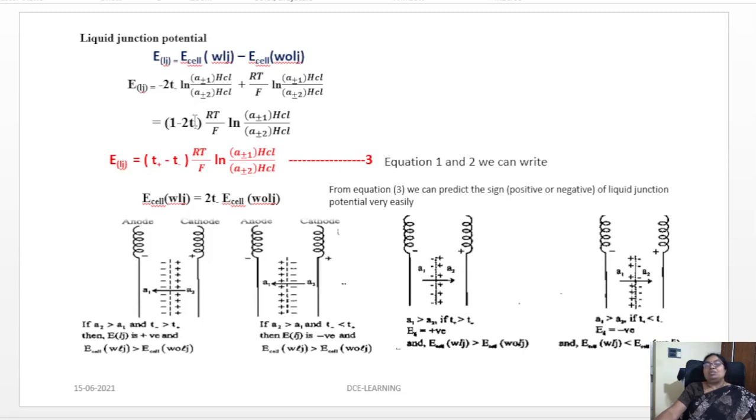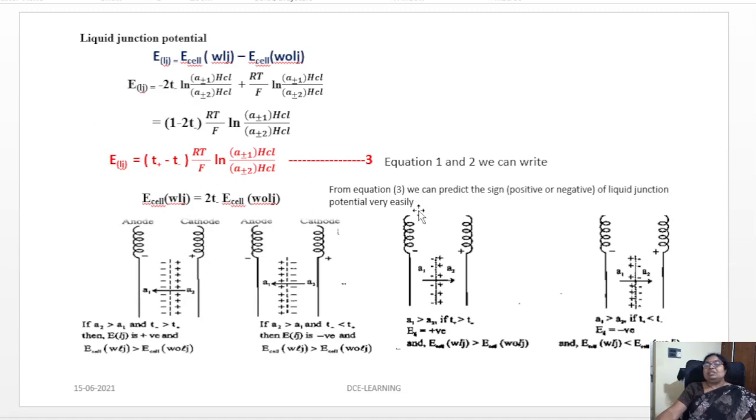Then you get t plus minus t minus, times RT by F, ln of A1 of HCl over A2 of HCl. Here you know that t plus plus t minus is equal to 1. From that you rearrange, and you get equation 3 from 1 and 2.